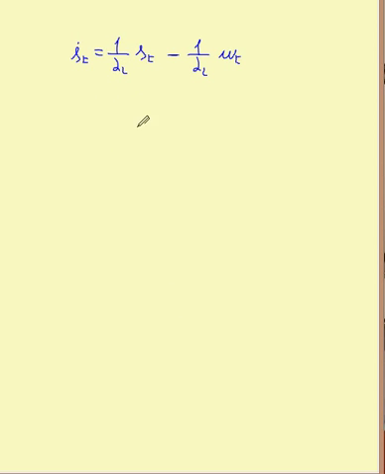Now, to solve this, we need to write this as s dot t minus 1 over alpha 2, which multiplies st, equal to minus 1 over alpha 2, which multiplies omega t. This is the differential equation.